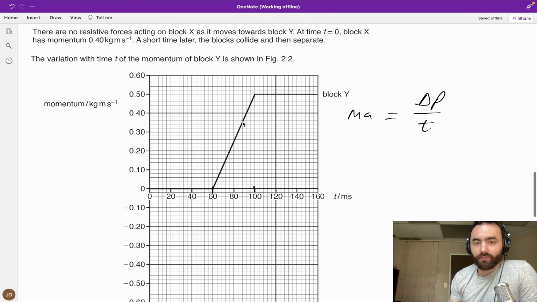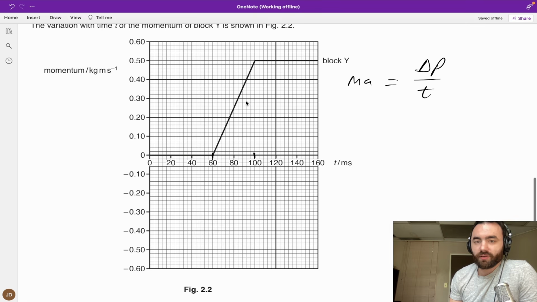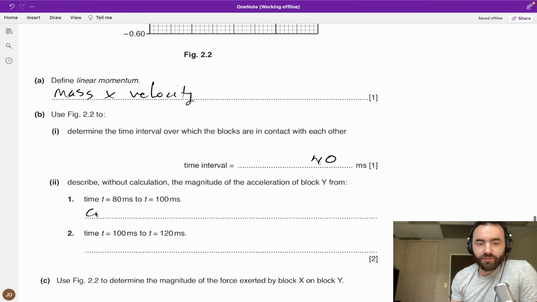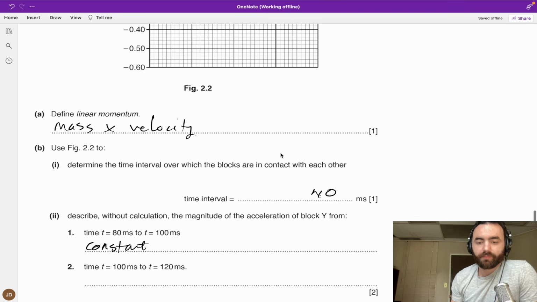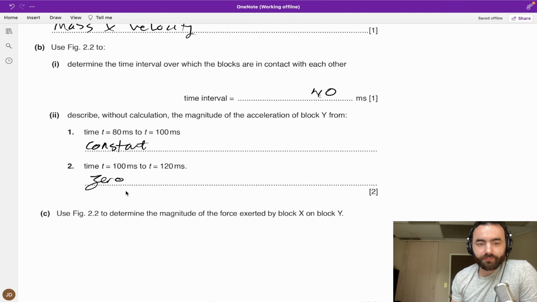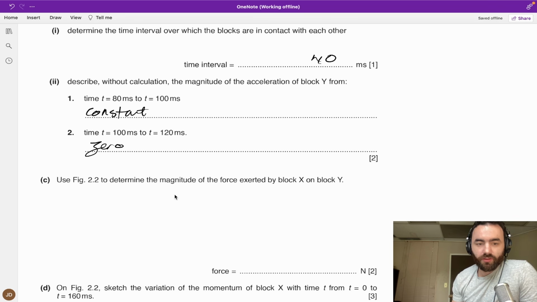So with a constant rate of change in momentum, it's just going to be constant acceleration. And for 100 to 120, well, the line is flat, so there's no change in momentum. If there's no change in momentum, this is 0. That means acceleration will be 0.